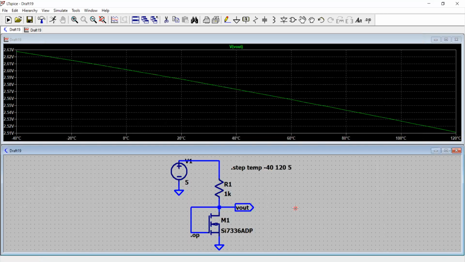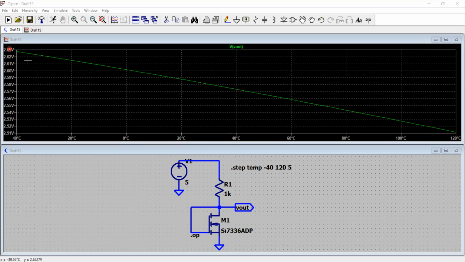So now we are trying to simulate the temperature behavior of the generated V reference, V out, by connecting, or shorting, the drain and the gate together. Initially we will perform the operating point analysis on this manufactured part of the MOSFET with the supply voltage of 5 volt. Resistor R1 is drawing the current into the circuit and feeding it to the MOSFET. Here is the temperature response.